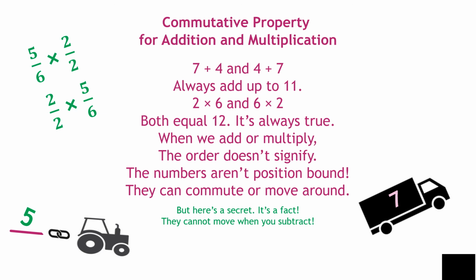The numbers aren't position bound. They can commute or move around. That's why they call it the commutative property. And here's the secret. It's a fact. They cannot move when you subtract.